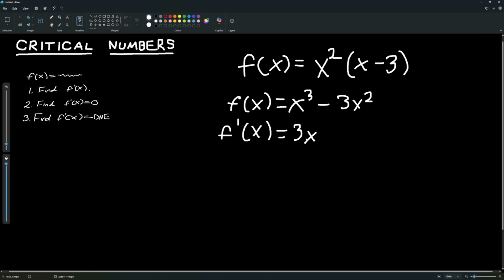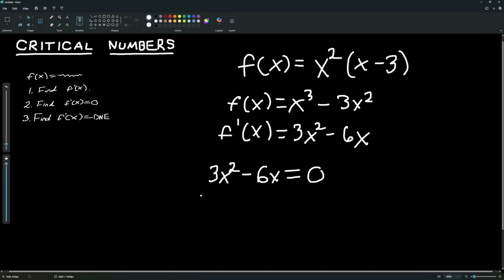3x squared minus 6x. Now that we have found the derivative, all we need to do is set it equal to 0 in this case specifically, and I'll go over that in a minute. So we're going to set f prime of x equal to 0, so 3x squared minus 6x equals 0. Now we're going to factor this really quickly.